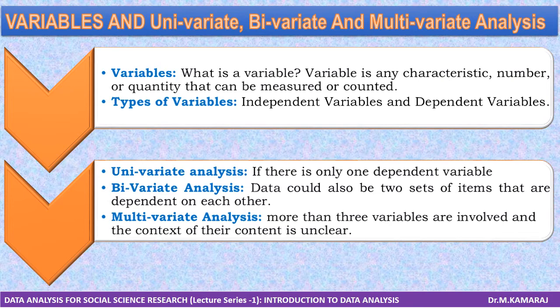Independent variables are variables whose variations do not depend on another variable. They are controlled inputs whose variation depends on the researcher or individual working with the variables. A dependent variable is a variable whose variations depend on another variable, usually the independent variable.